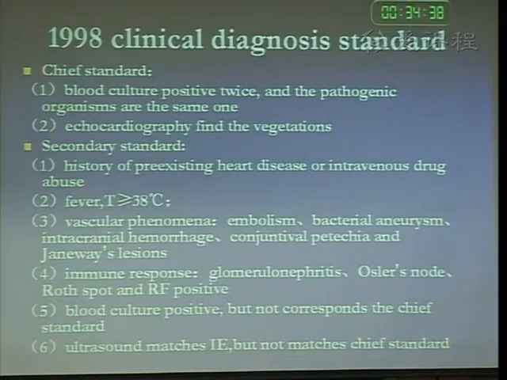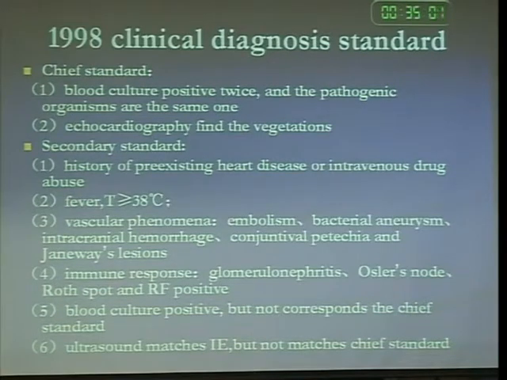How about the chief standard for the blood culture? Blood culture is positive twice, and the pathogenic organism is the same one. If just one time, we cannot make sure that organism caused the infectious endocarditis.